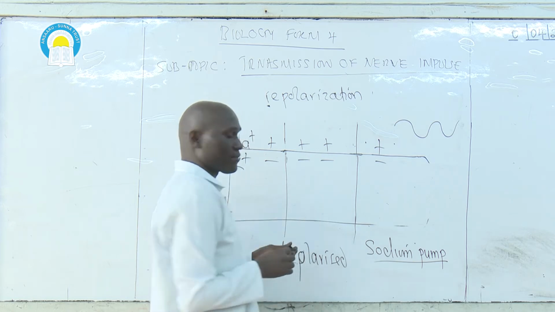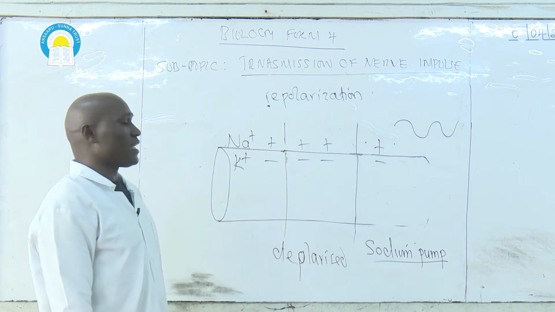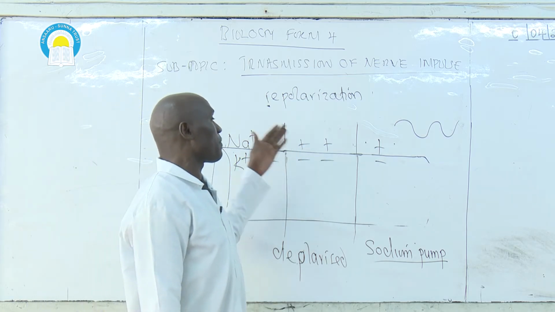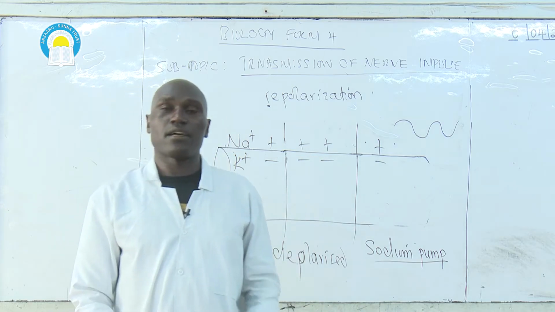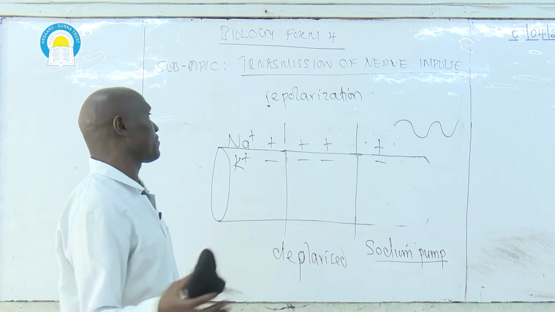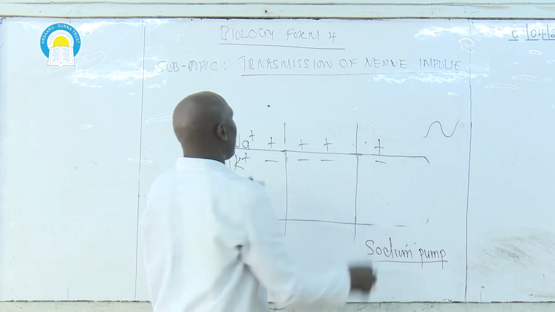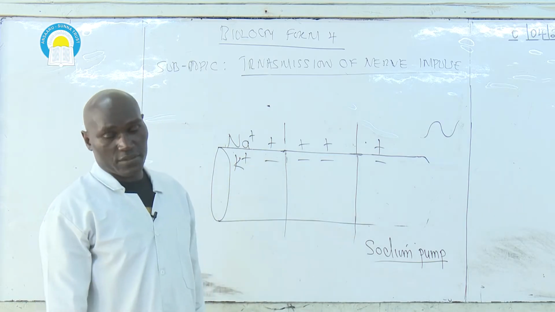That means the section of the neuron that had experienced depolarization will be repolarized, meaning it gets back to its original state. The original state was the outer part positively charged, the inner part negatively charged.